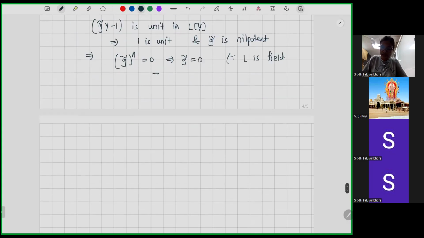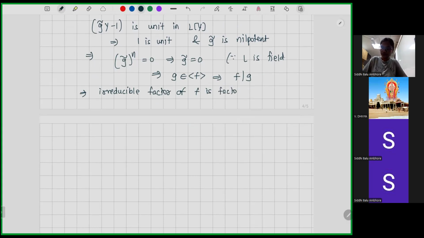Once I have g̃ equal to 0, this implies g belongs to (f), which implies f divides g. So an irreducible factor of f is an irreducible factor of g, because that's how we can say that f divides g.